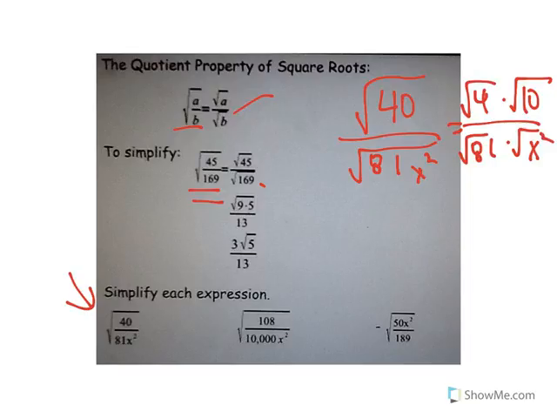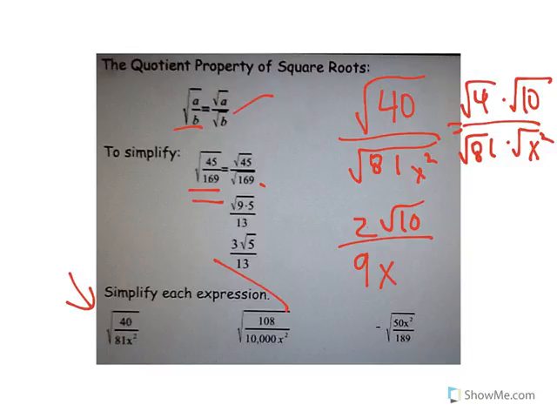So now I can take the square root of 4, that's going to be 2, times the square root of 10. Now in the bottom, the square root of 81 is going to be 9. The square root of x squared is going to be x. And that's going to be my final expression there.